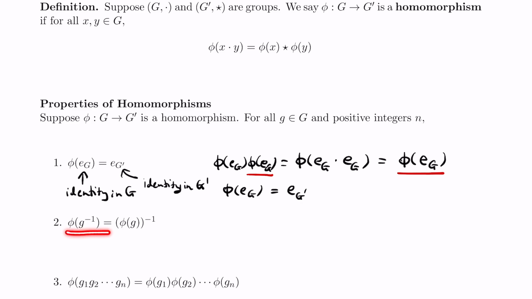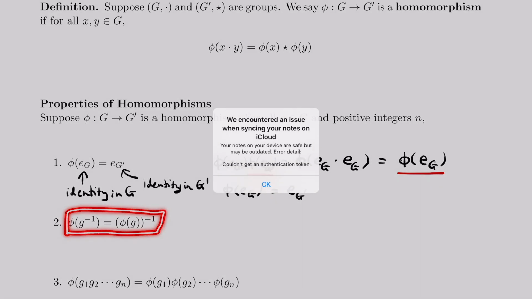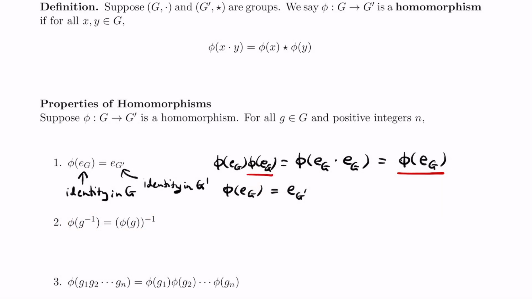Okay, phi of the inverse of an element is the inverse of that phi. To see why, let's underline the things we're looking at here. We're looking at the inverse of phi of g, and we're trying to prove that that inverse is this thing. So we need to look at the product of phi of g and phi of g inverse.